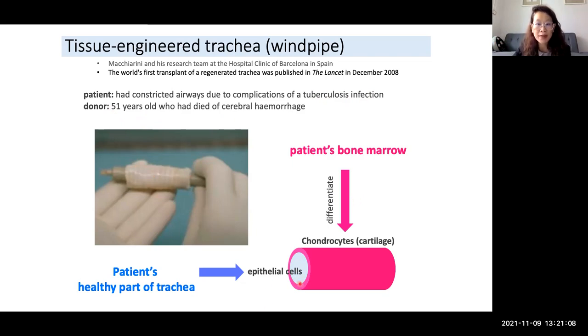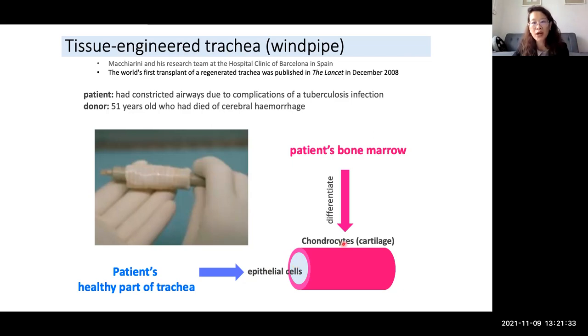Inside here, you will see the kernel, and the doctors reseeded the epithelial cells, the cells from the patient's trachea, the healthy part. The segment is broken, but he takes the healthy cells above the bad part and reseeds them back into the kernel.